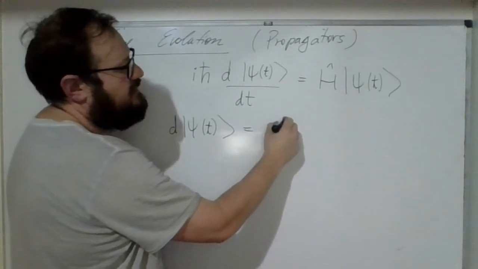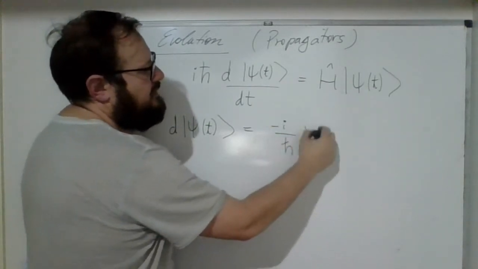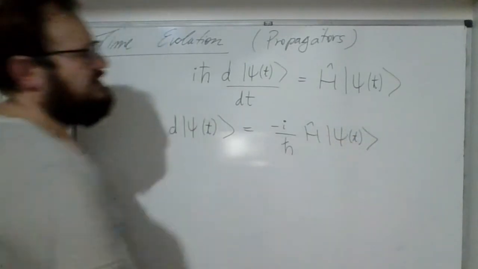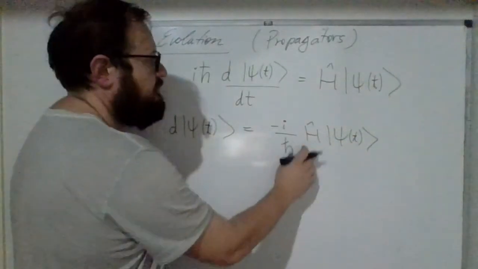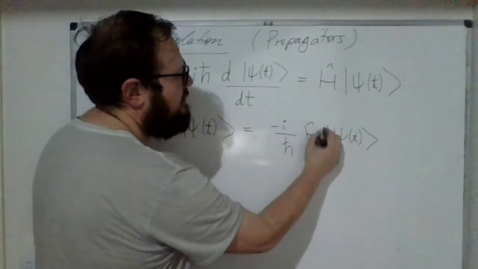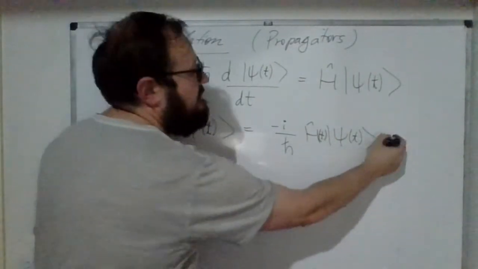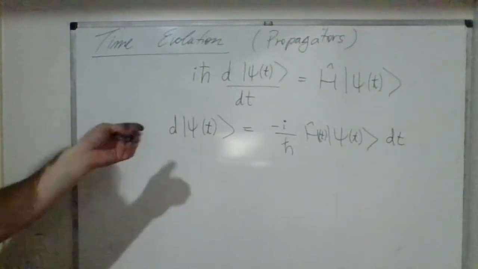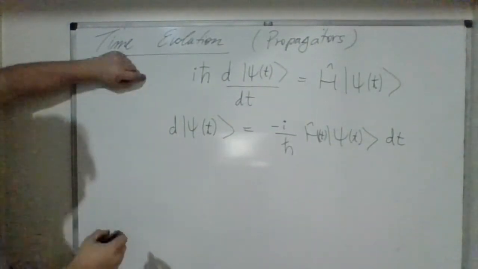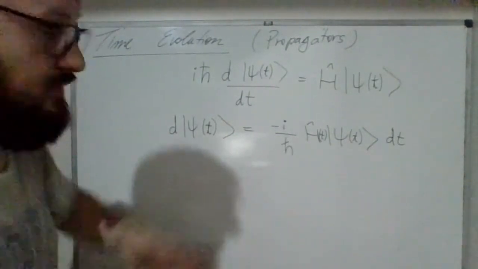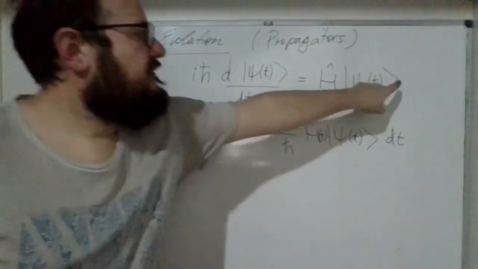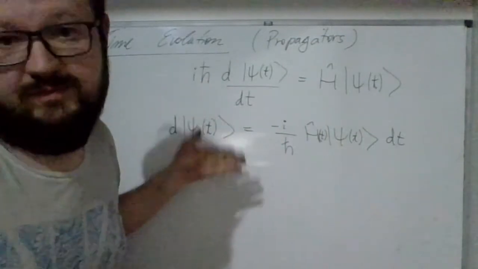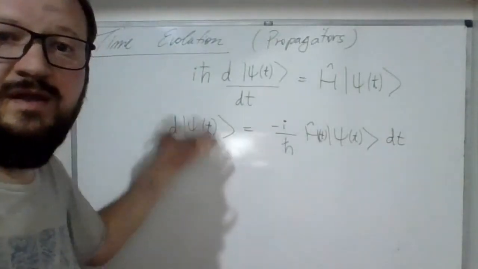So we have minus i over h bar, the Hamiltonian, times the function psi of t. This Hamiltonian here is evaluated at some time t, and we multiply that by dt. But now look that we can integrate both sides of this equation. We just multiplied everything by dt and divided by i h bar. That's what has been done so far.